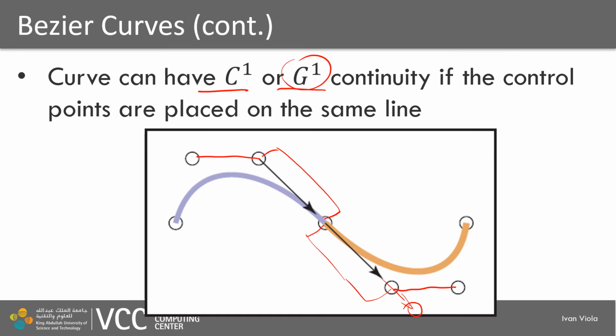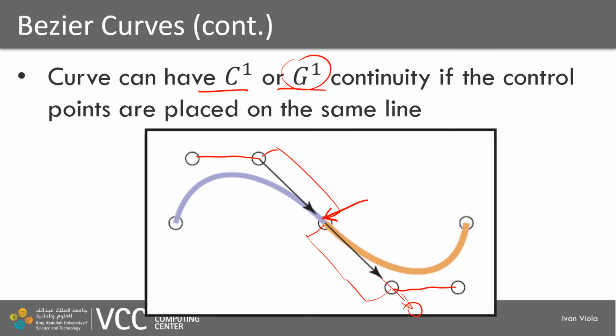So we can actually design or secure the continuity at the concatenated point, but that will restrict us on the placement of the control points. Often in CAD systems, you will see these points represented.